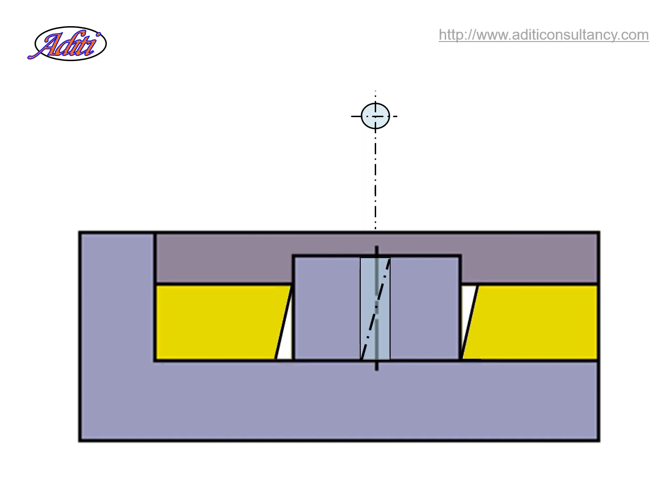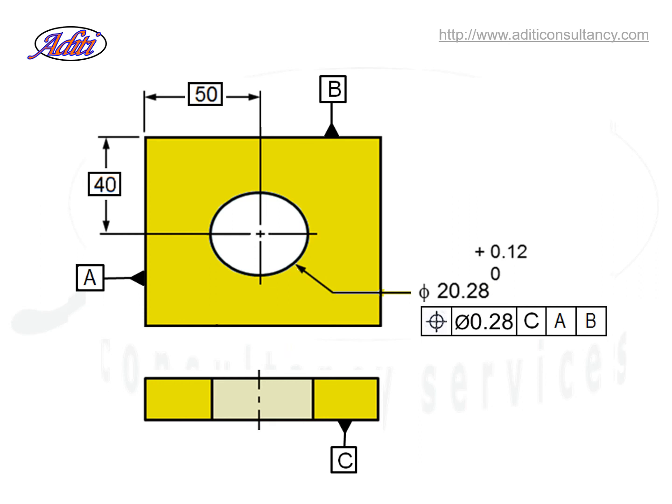It will also control the inclination of the axis of the hole with respect to the bottom mounting surface within the positional tolerance zone. For that purpose, the bottom mounting surface of the part should be represented as primary datum in the position tolerance feature control frame as shown in this drawing.